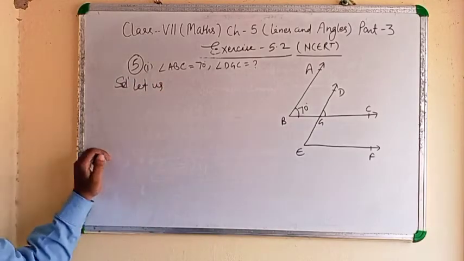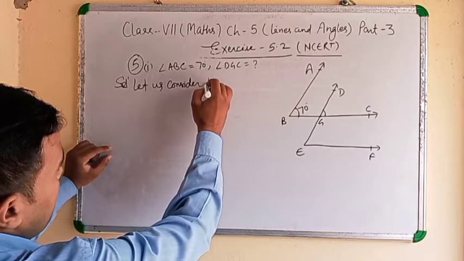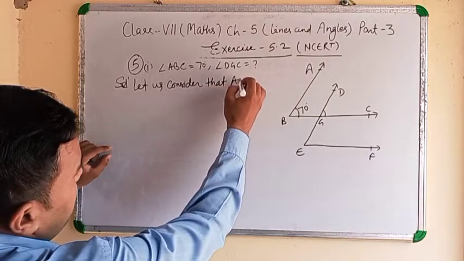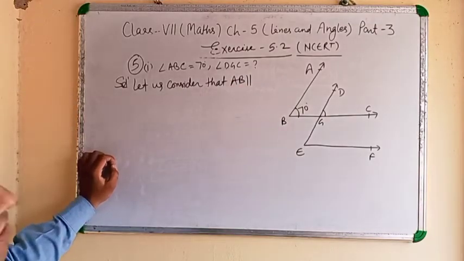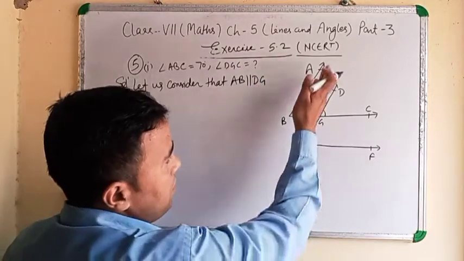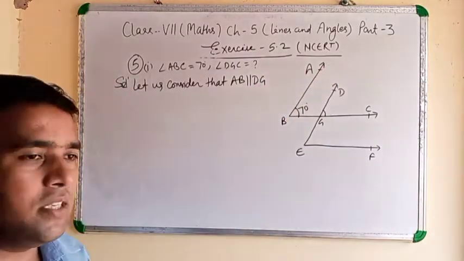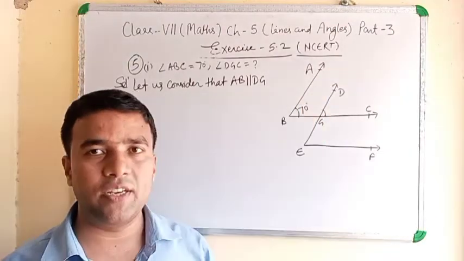You will write, let us consider that AB parallel to which? DG. See? AB parallel DG. Parallel means both lines will not intersect at any point. Clear?